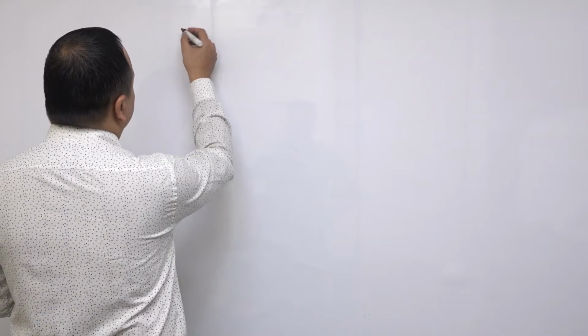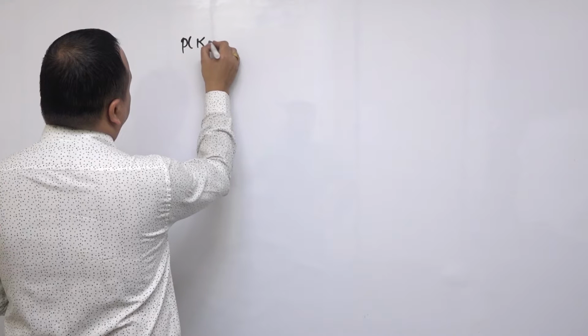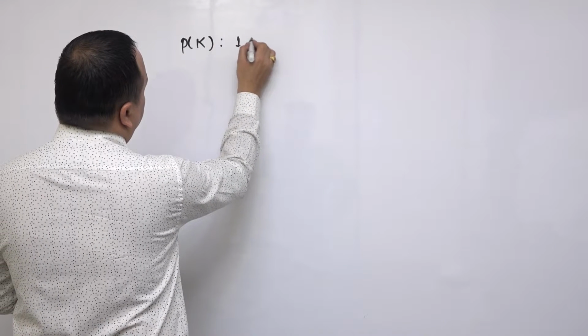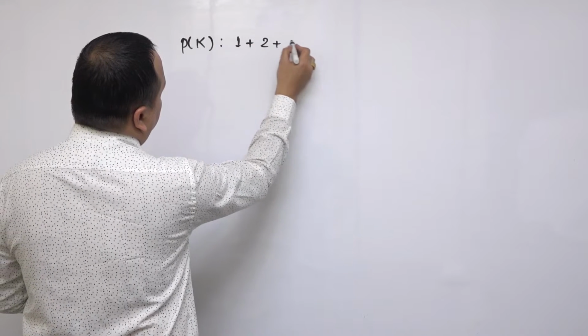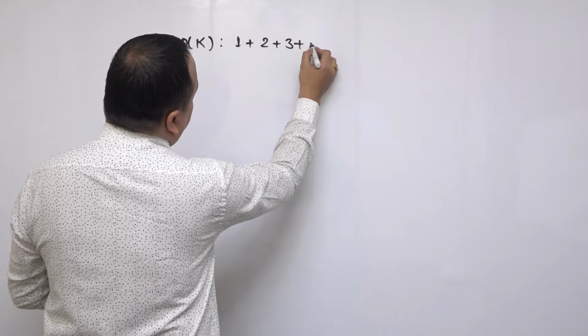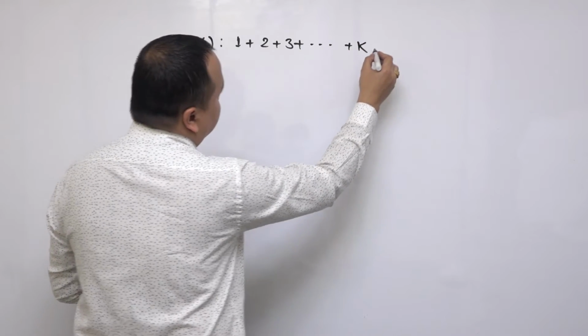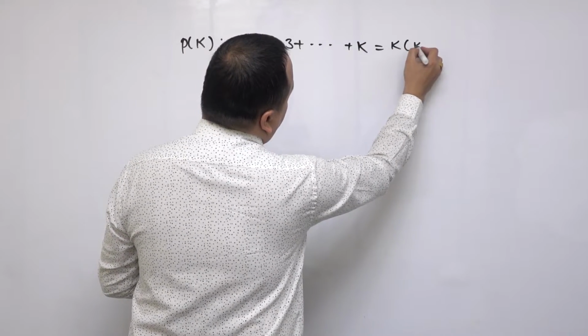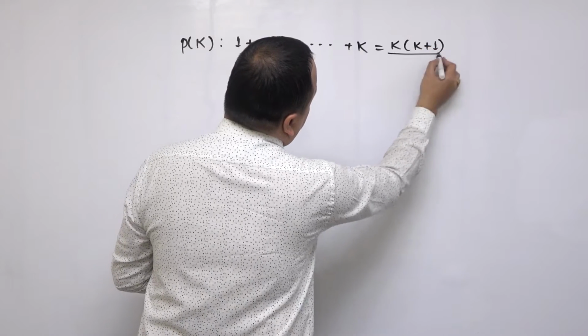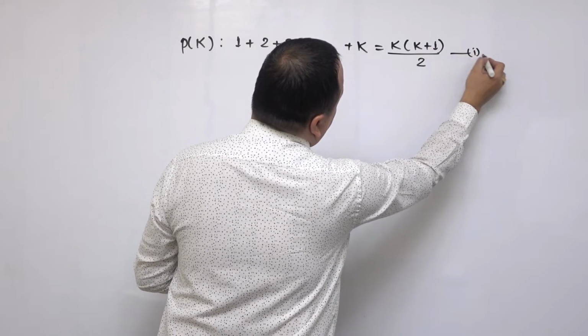Continue. Pk: 1 plus 2 plus 3 plus up to k is equal to k times k plus 1 divided by 2. Call this equation I.